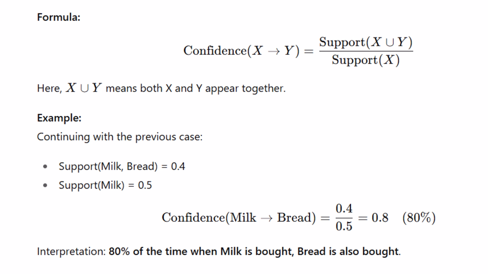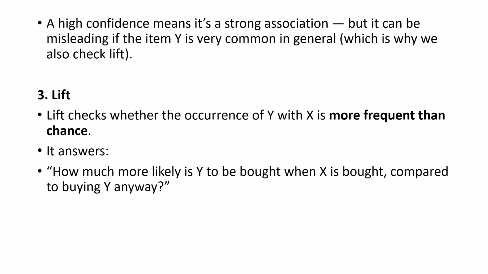So confidence of milk tends to bread equals 0.4 divided by 0.5 equals 0.8, which means 80% of the time when milk is bought, the bread is also bought. So high confidence means a strong association, but it can be misleading if item Y is much more common than item X.